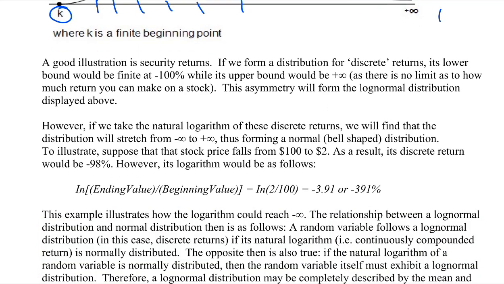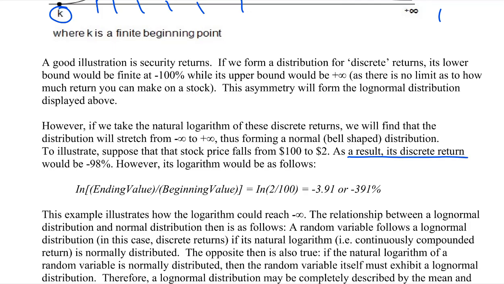To illustrate, suppose that the stock price falls from $100 to $2. As a result, the discrete return would be minus 98%. So that's discrete, without continuous compounding. However, its logarithm would be as follows. To find the logarithm, we take the natural logarithm of 2 over 100.